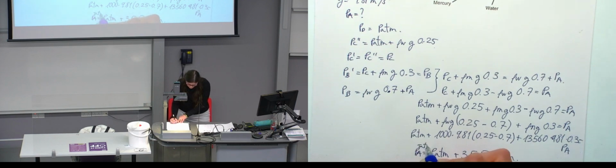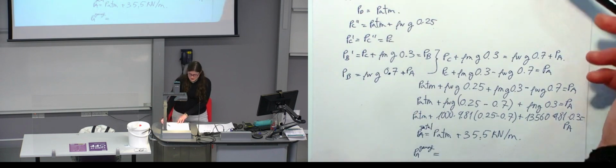And then we can also calculate the gauge pressure, which is what we should do in this exercise, which would be the same without the atmospheric pressure. So this is the total pressure.